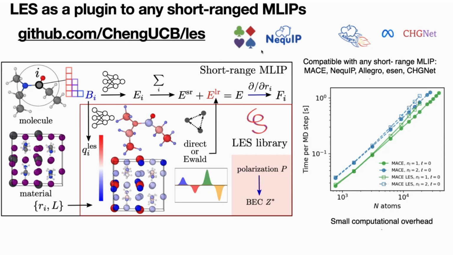For MACE, it's already incorporated in the main branch of MACE. So if you're already using MACE, you just need to use the latest version from the main branch of their MACE repo, and the long-range model should work out of the box. And for NequIP and Allegro, it's implemented as an extension pack. You can use it in the same way as if you're using Allegro.